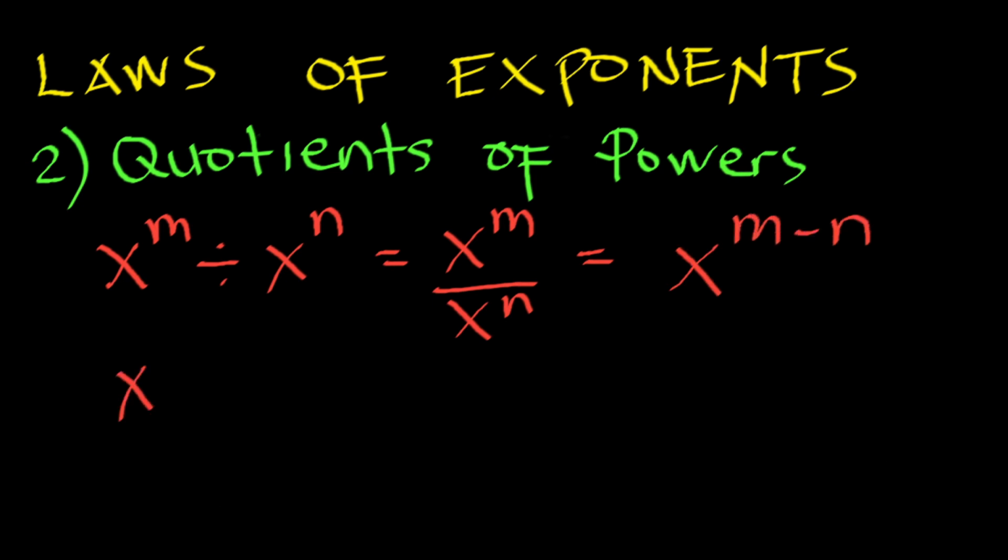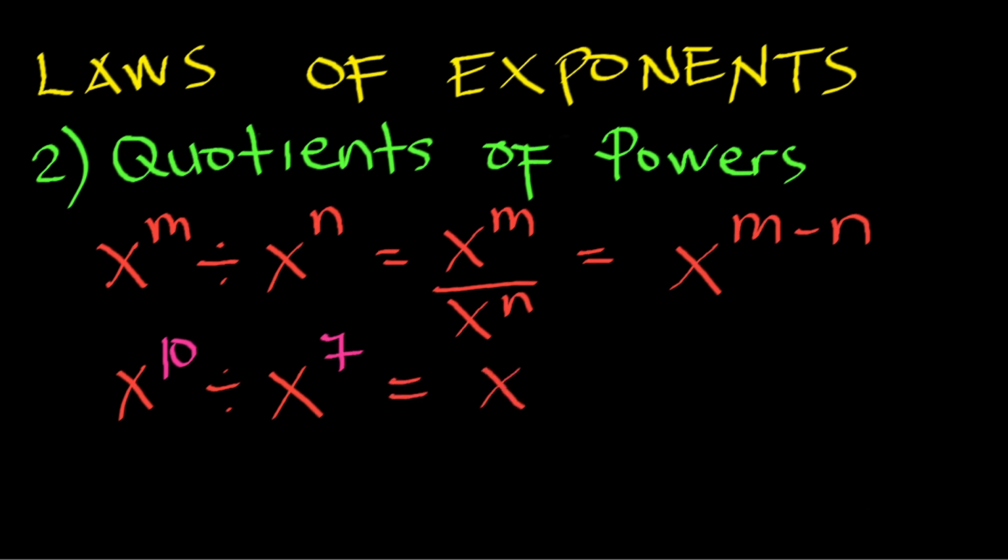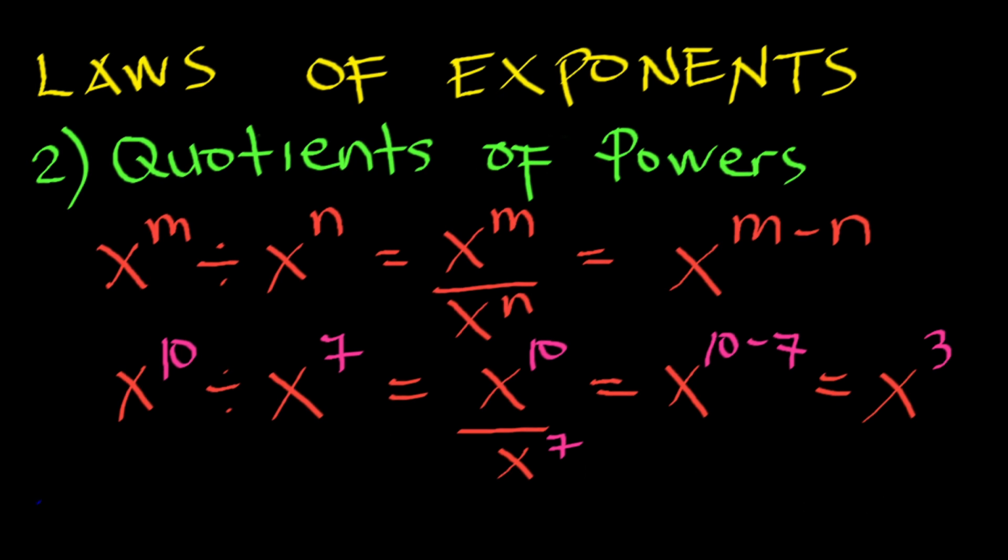For example, we have x raised to 10 divided by x raised to 7. So we have x raised to 10 over x raised to 7. And then we have x raised to 10 minus 7. And the final answer is x raised to 3.